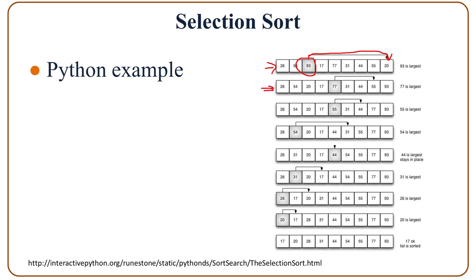Now we loop again, but only until the element before 93. 77 is found to be the maximum, then it is moved to the back. We do this again and again until all the elements are sorted.